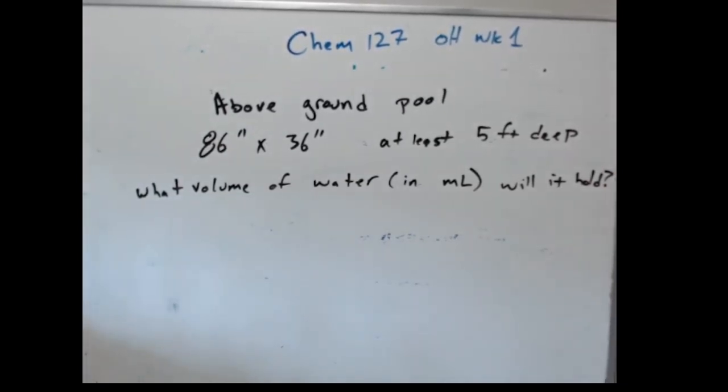I grabbed the first one that came up on Amazon. It's a cheap $100 to get an above ground pool that is 86 inches by 30. Yeah, let's do bigger than theirs. I picked a bigger pool. It's 86 inches by 36 inches. That's like 3 feet wide and 9 feet long, and I want it to be 5 feet deep. What volume of water could it hold? Calculate.